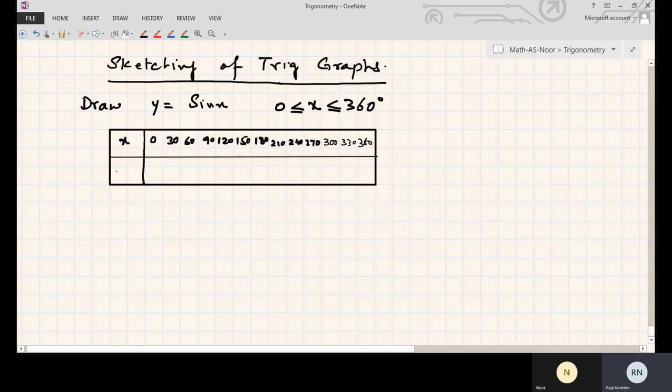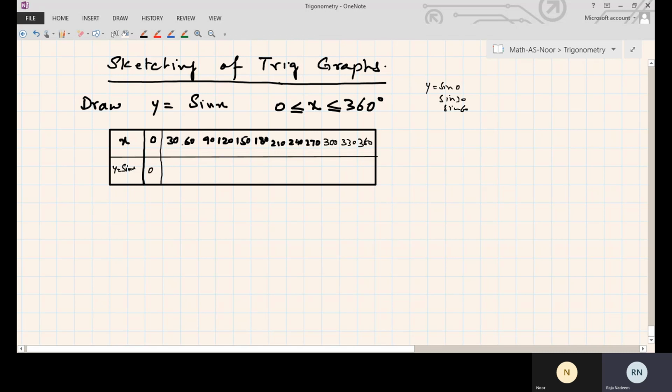The graph is y is equal to sine of x. If you use the calculator, then you will be able to get the answers in the form of decimals, right? So I'm doing it directly, but you can check. I'm completing the table. You just take different angles on your calculator, sine of 0, and then see what the answer is. Sine of 30, sine of 60, and I'm writing the angle. You just confirm all the values.